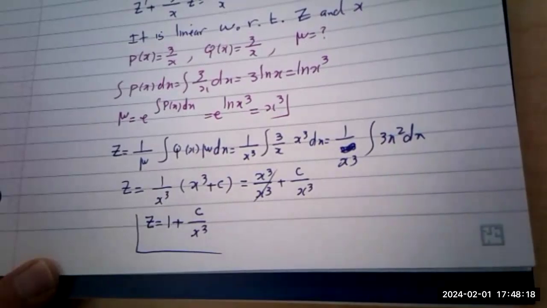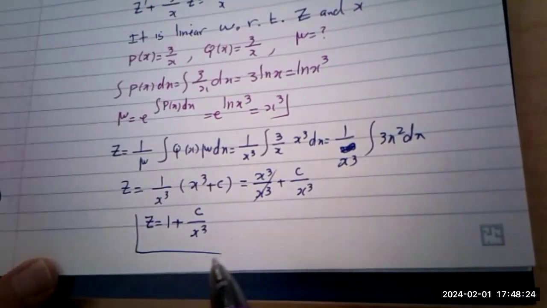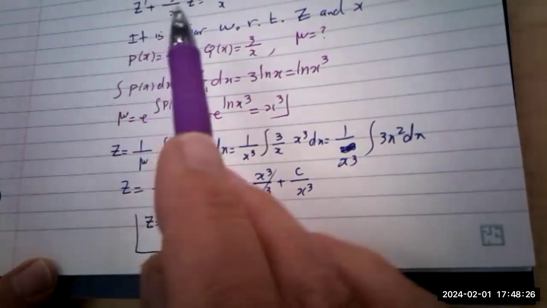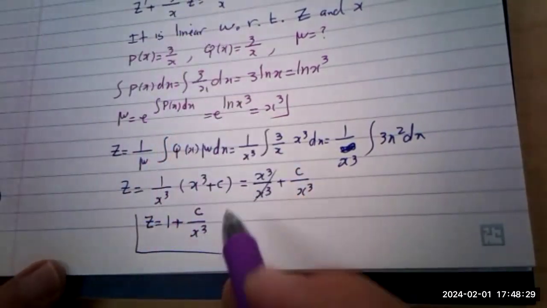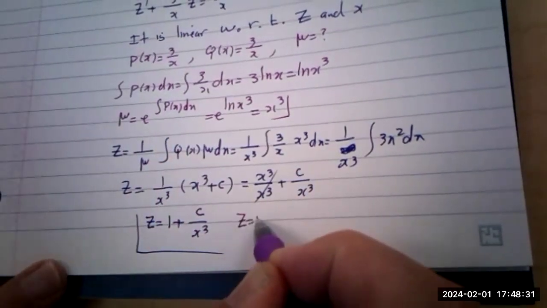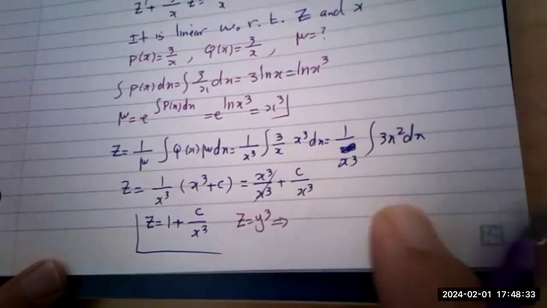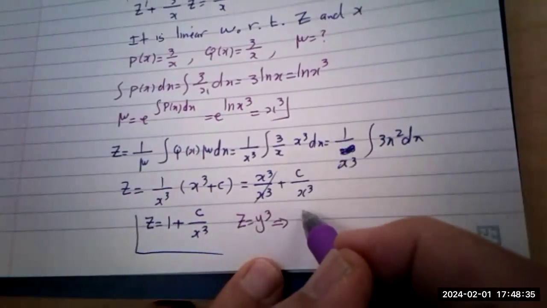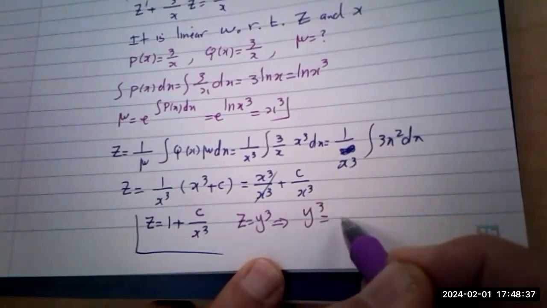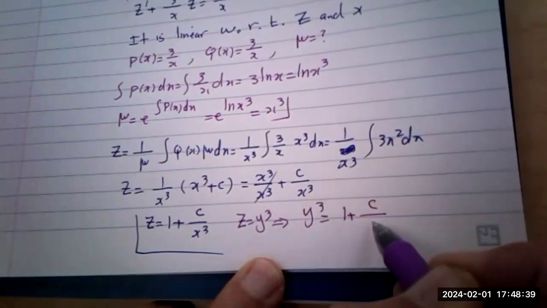That's it. And you're not done, you have to find the y. What is z? z is y cubed. So y cubed would be 1 plus c over x cubed.